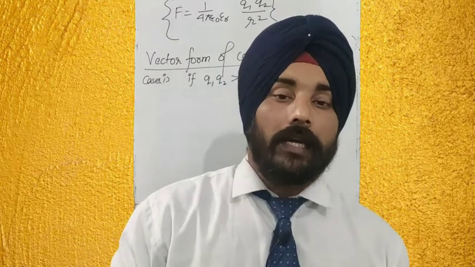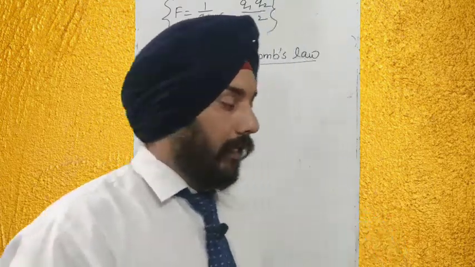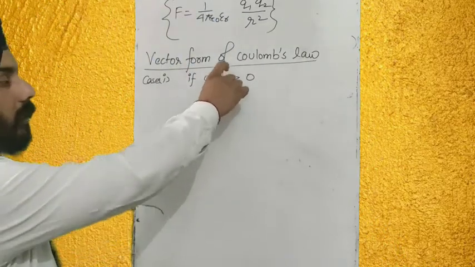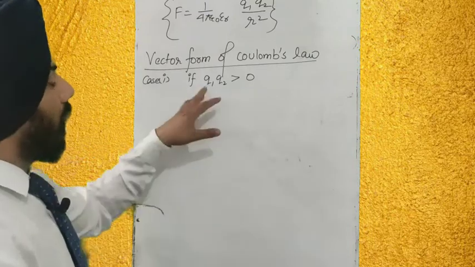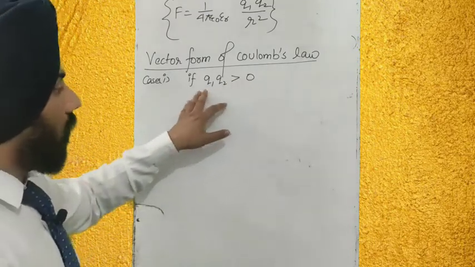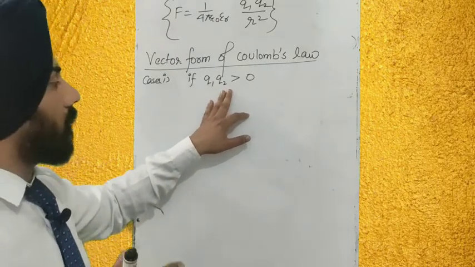Same sign means either both are positive or both are negative. If Q1 and Q2 are both positive, then their product is a positive quantity, and a positive quantity is always greater than 0. If Q1 and Q2 are both negative, then negative multiplied by negative becomes positive.